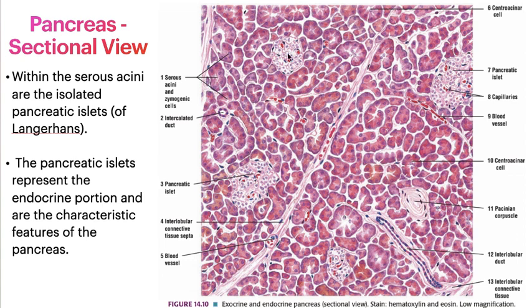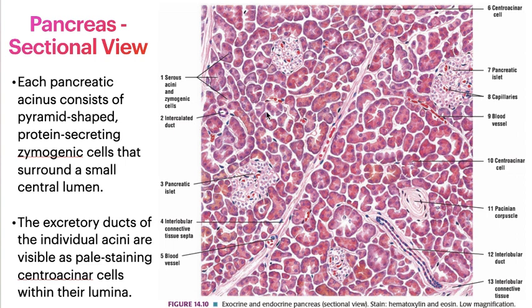Now, within the serous acini are isolated pancreatic islets of Langerhans. These pancreatic islets represent the endocrine portion and are the characteristic feature of the pancreas.